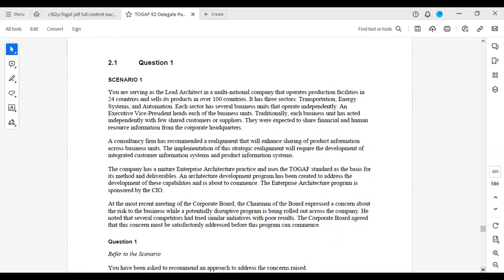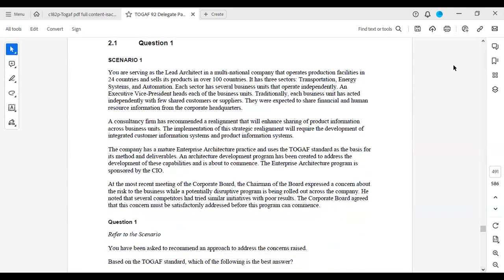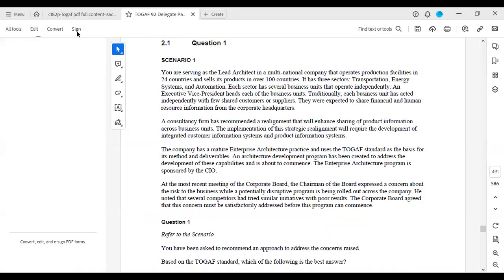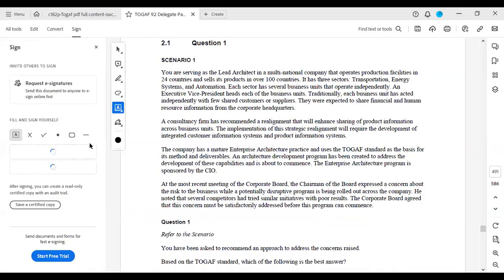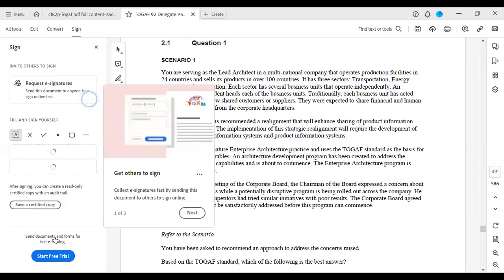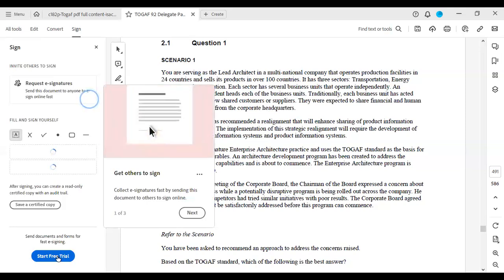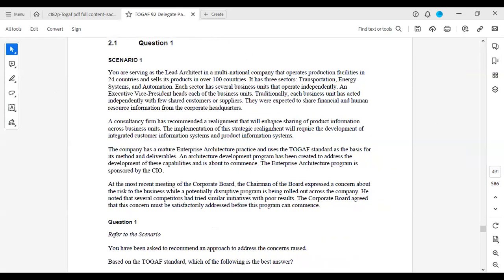You are serving as lead architect in a multi-million, multinational company that operates production facilities. There are three sectors: transportation, and automation. The automation sector has several business units that operate independently under an executive vice president. Traditionally, each business unit has acted with a few shared customers and suppliers they were expected to share.